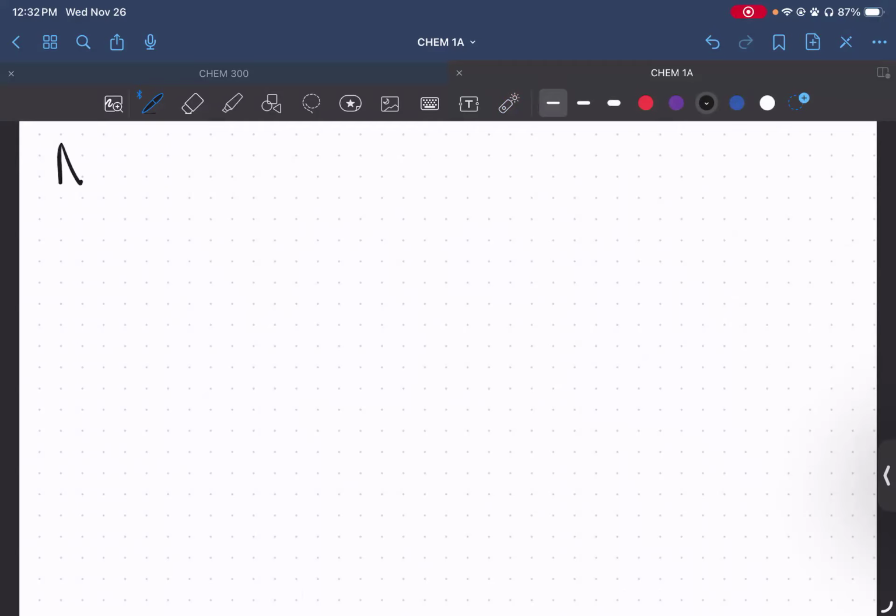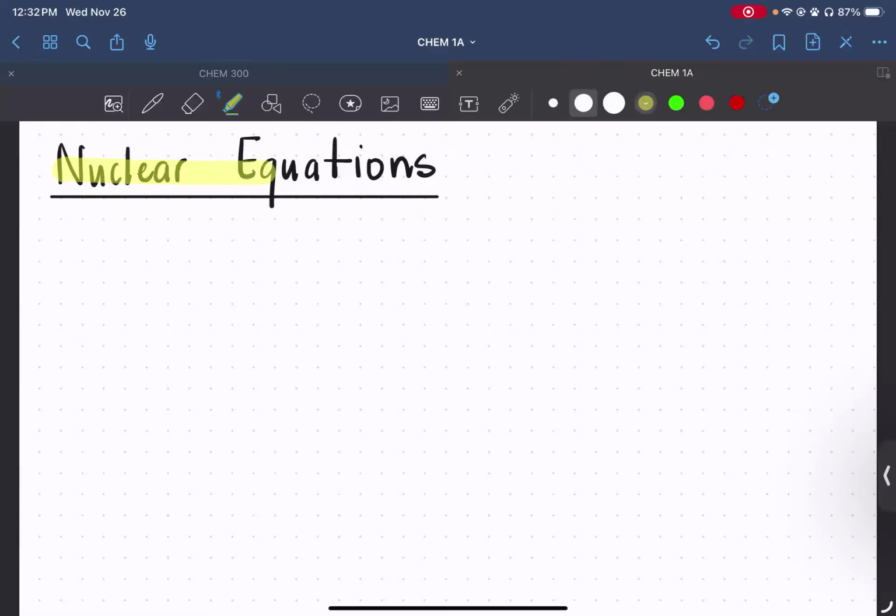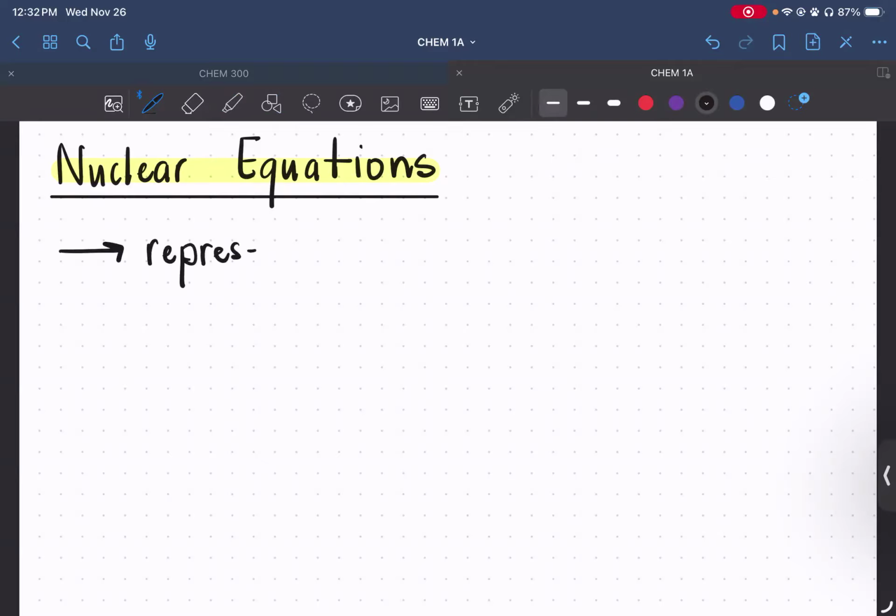Our final topic of Chem 1A is titled Nuclear Equations. Nuclear equations represent a new type of reaction.